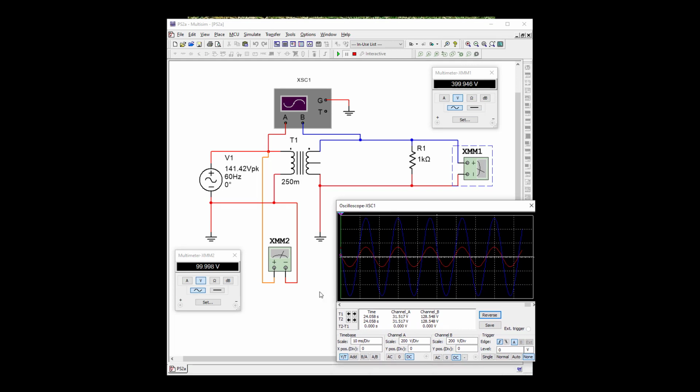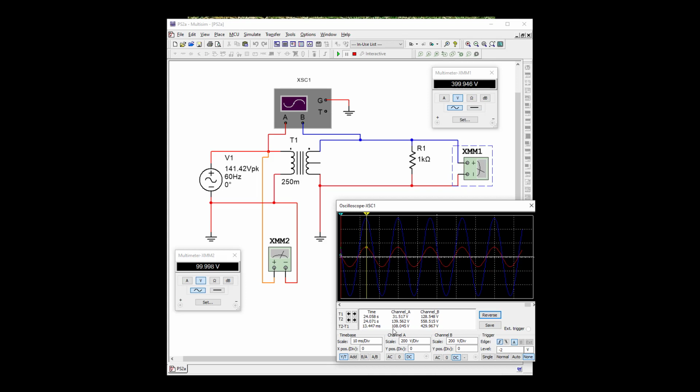So let's take a look at our oscilloscope, and we're going to do our peak measurements. Right here we have a peak of about 140, which is good, and we have about 558 on our second one.